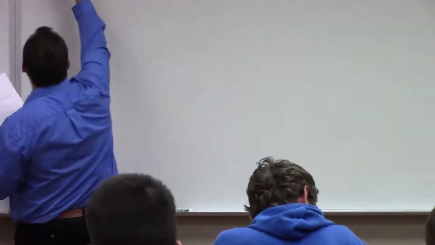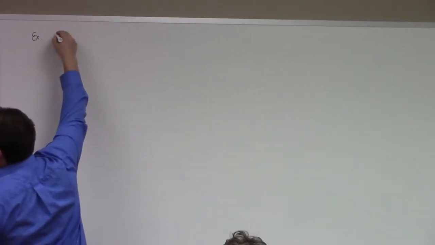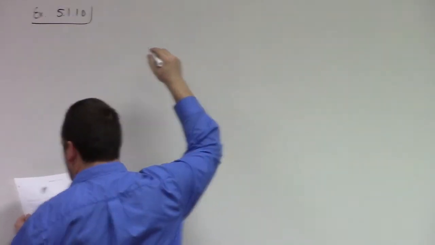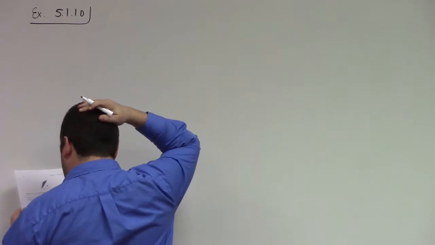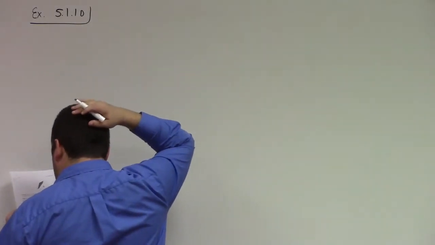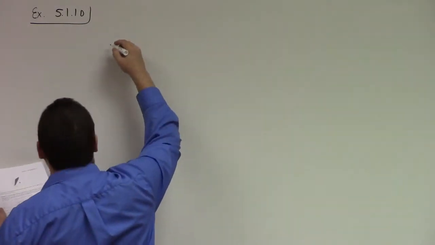All right. Let me look at another one here. Example 10. This is a classic example. You've got a box, and you're going to let x, y, and z be the lengths of the sides of the box, all right?